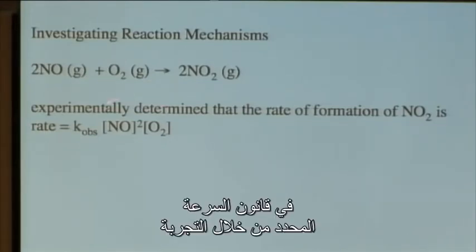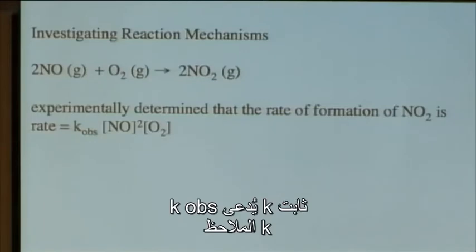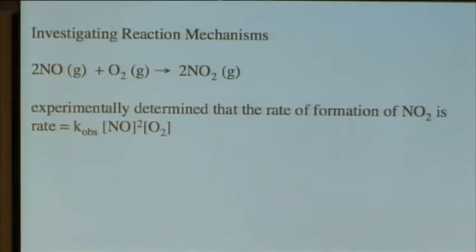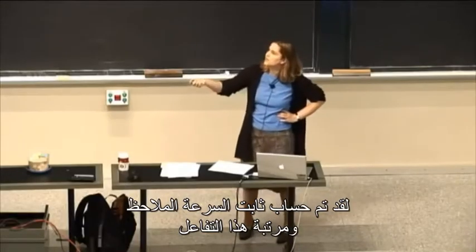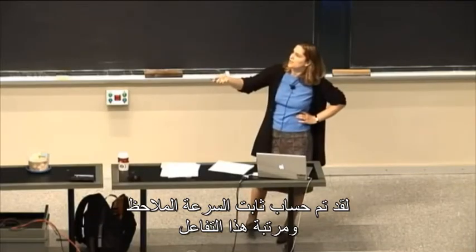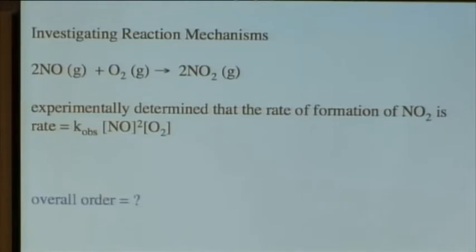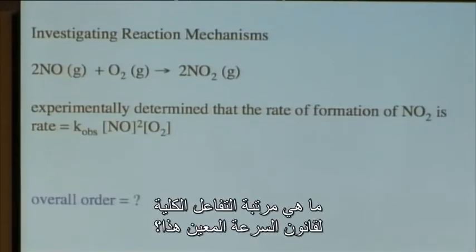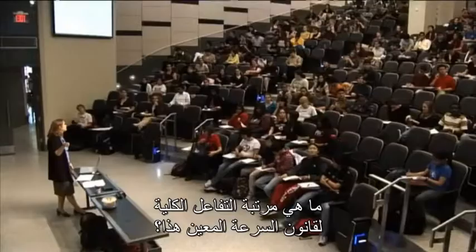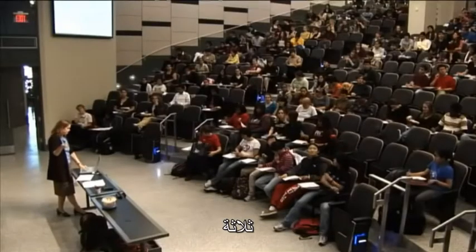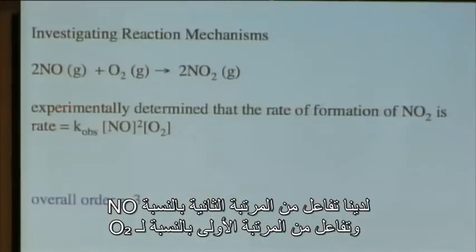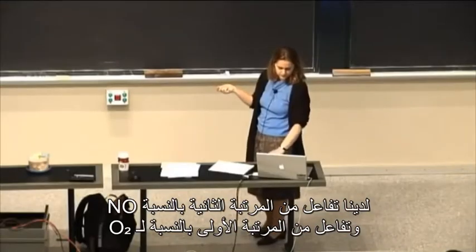In the experimental rate law determined, there was a rate constant called K obs, for K observed, the observed rate constant that was calculated. What is the overall order of this particular rate law? 3. So we have second order in NO and first order in O2.